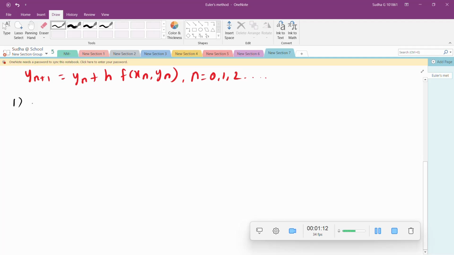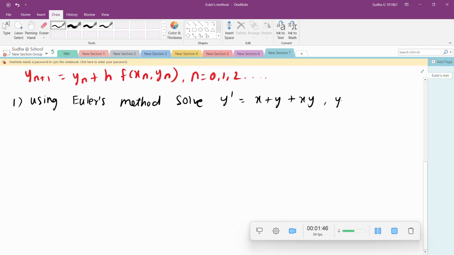So we'll move on to problems. Using Euler's method, solve y dash equal to x plus y plus xy, y of 0 equal to 1.